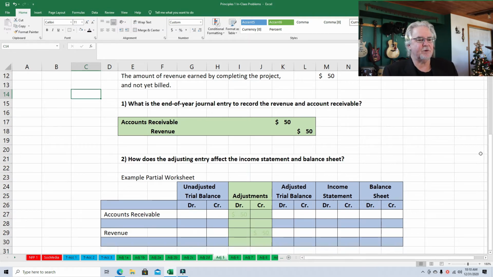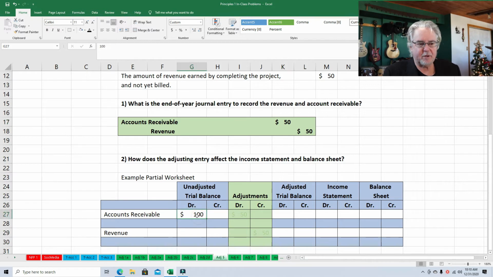Now, coming down here, all I'm doing is showing you how this affects the books and how it all works out, to help you visualize what's going on. Accounts receivable already has a balance of $100, and that does not include the $50 the accountant entered in.